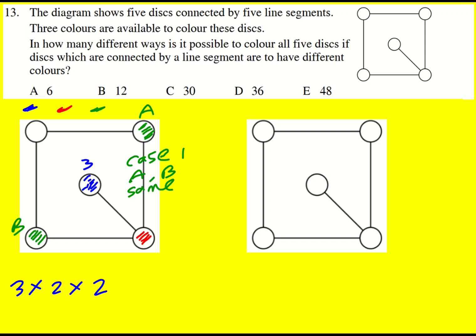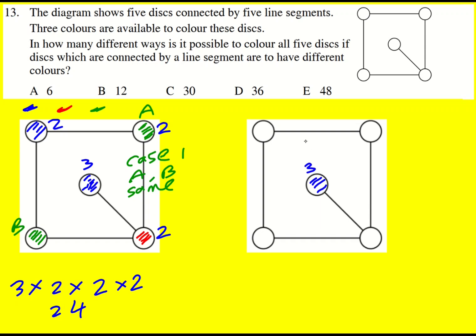Because now they're the same color, I've got two options for the one up here. I could either make it blue or red. So three options followed by two options followed by two options. And then if they're the same color, I've got another two options. That's 6 times 4, 24.